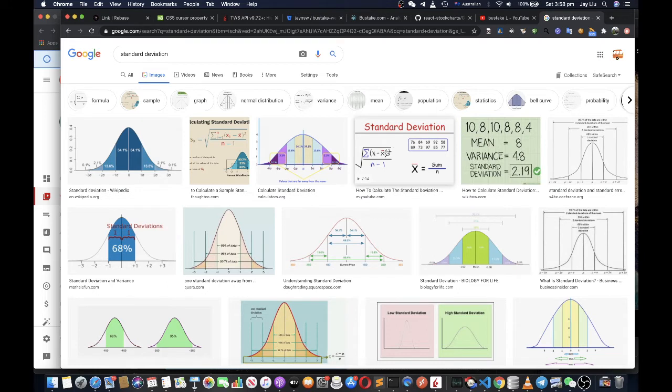So what does that mean? Every value minus the average value means the distance, how far the value is from the average value. Some values may be bigger than the average value, some may be less.